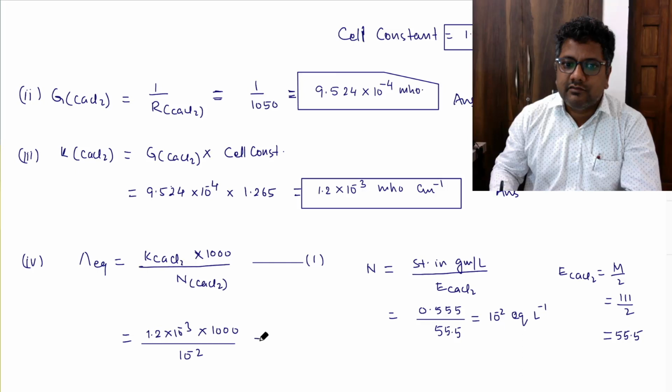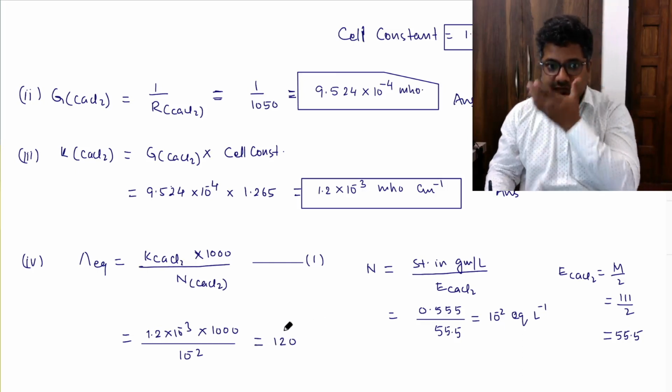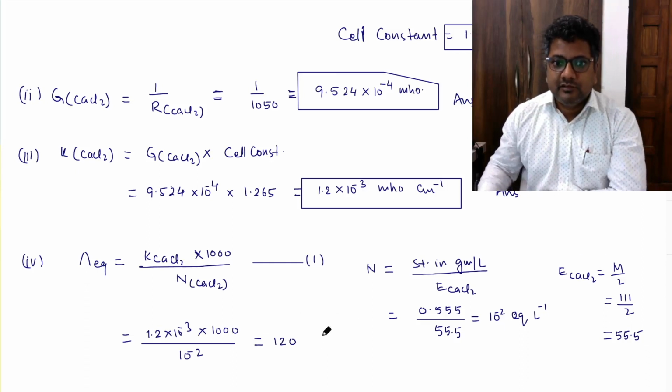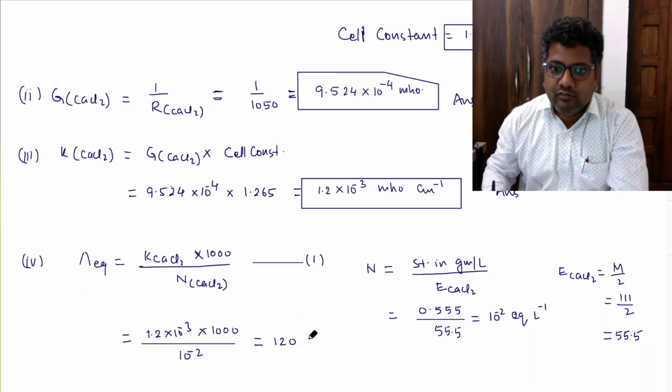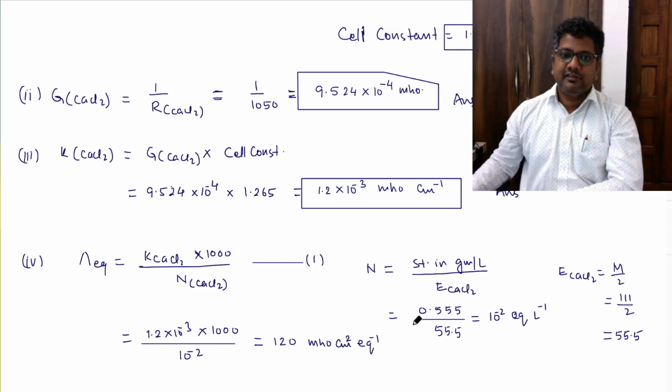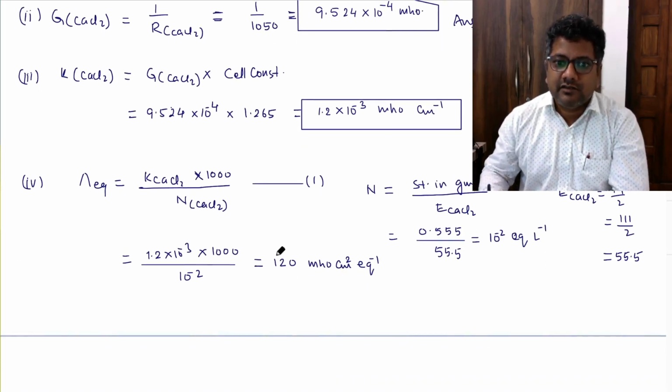So this is equal to 120 mho centimeter square per equivalent. So this is the answer of the fourth part.